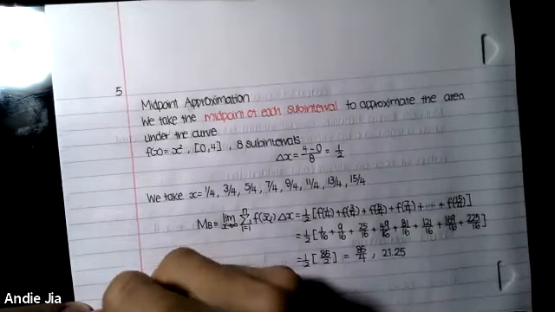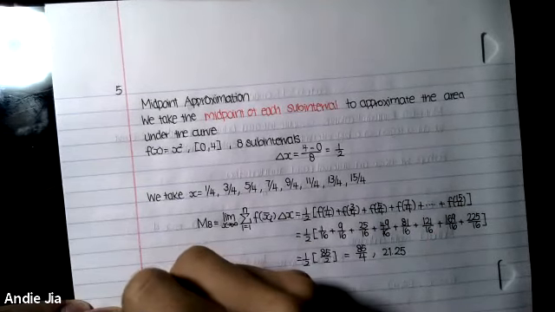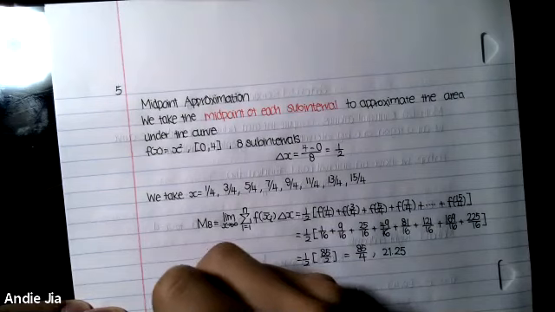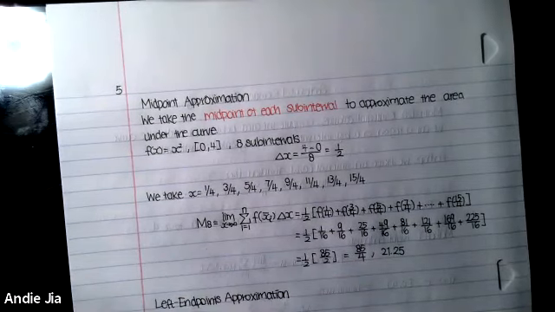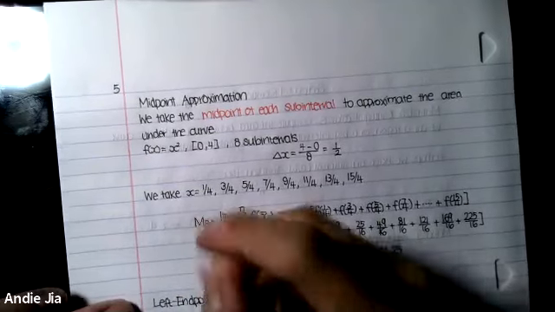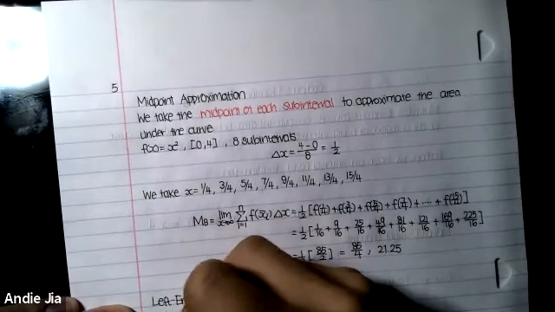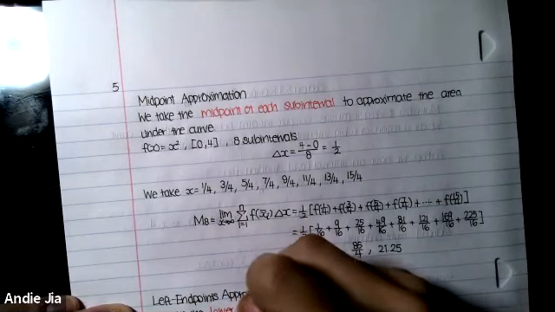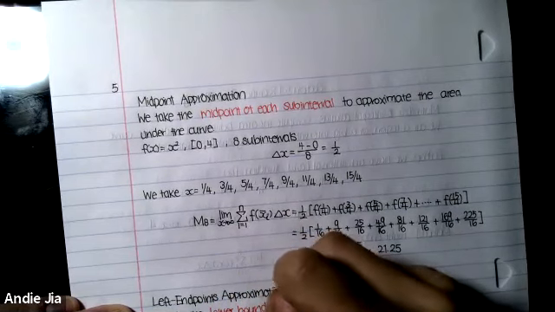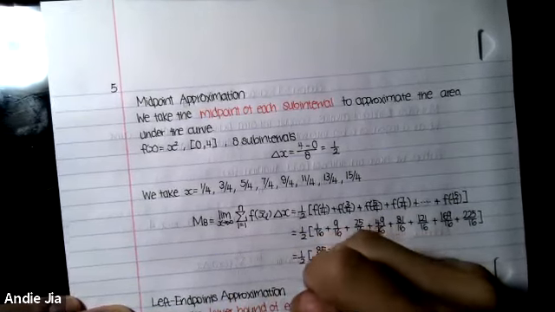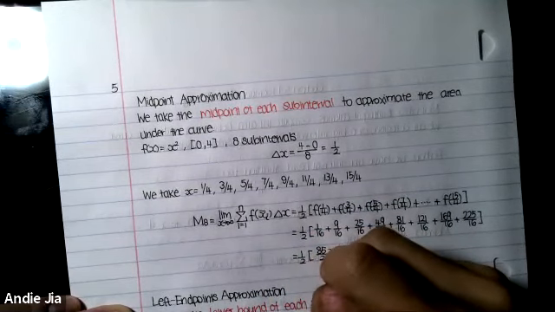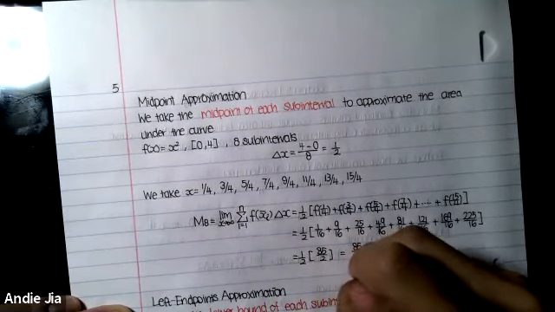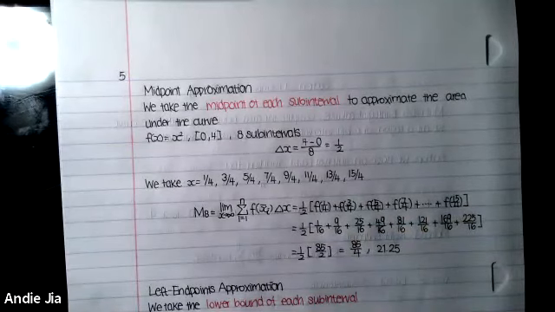So we take the lower bound of each subinterval to approximate the area under the curve.